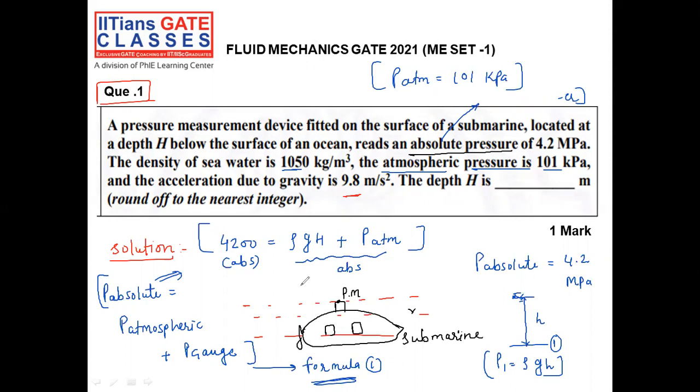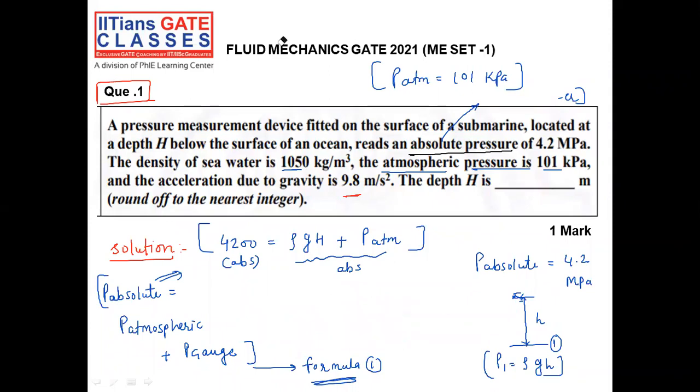Now the calculation part is very easy: 4200 equals atmospheric pressure 101 kilopascal plus the density of seawater, 1050 into 9.8, very important, into H. Now it is easy to calculate the H value.